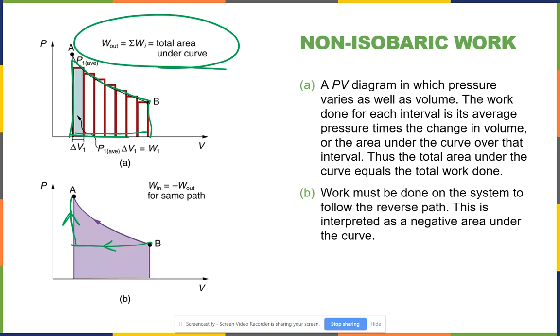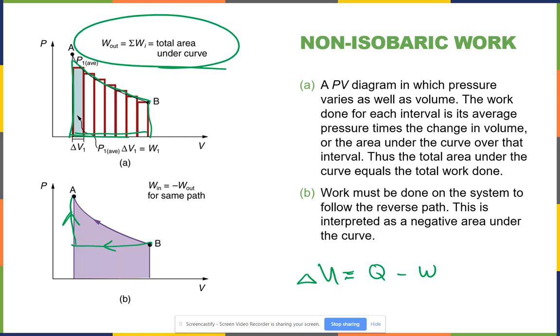But if I start and end at the same place and there's less work, what do you think is going to have to be giving? You have the same change in internal energy but less work, so you have to have more heat. Delta U is Q minus W. If W is smaller, what is Q going to have to be?